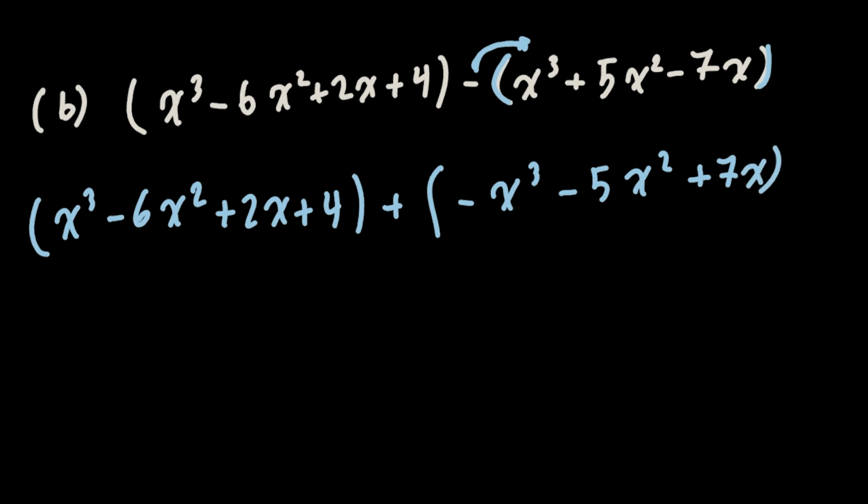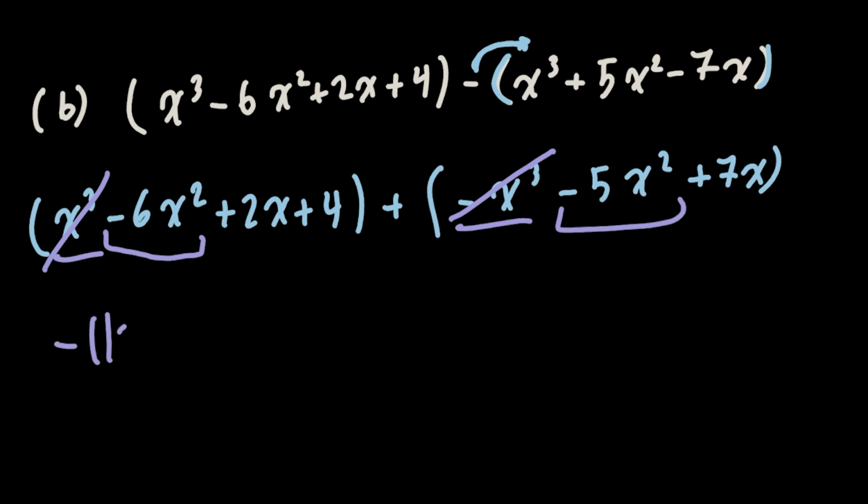Okay, so now we have the normal form that we solved in part A, so we'll just sum. Let me start with x to the power 3, and here we have minus x to the power 3, so it will just cancel. Okay, here we have a minus 6x to the power 2 and here minus 5x to the power 2, so we will have minus 11x to the power 2.